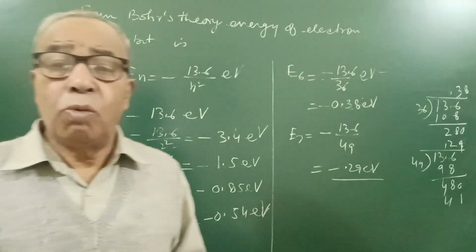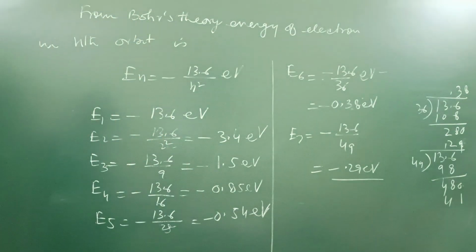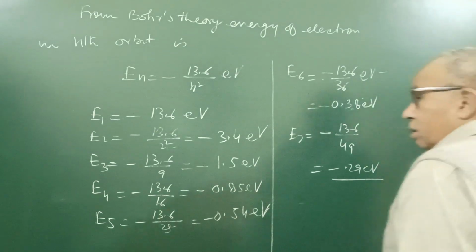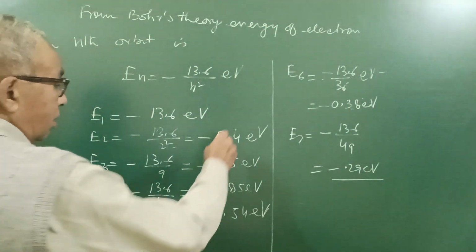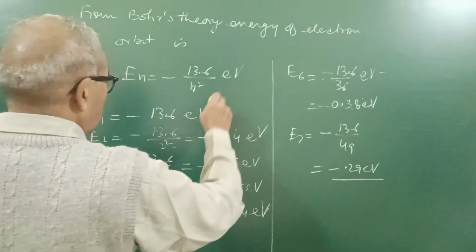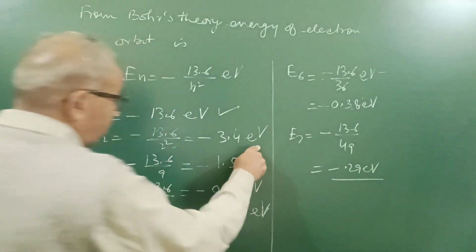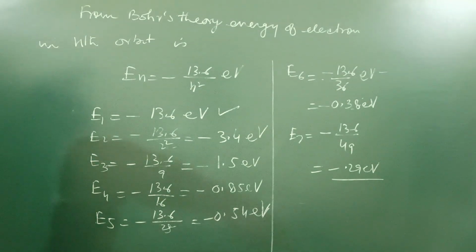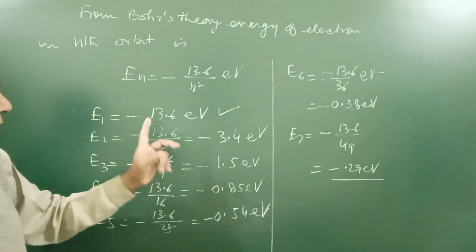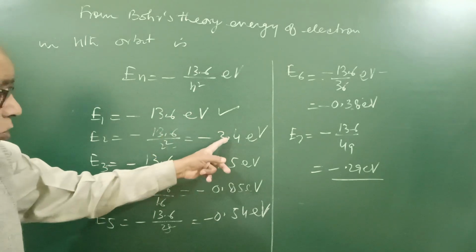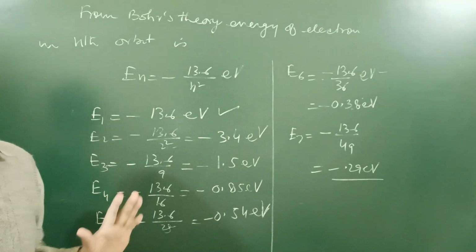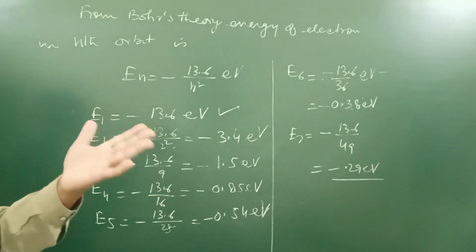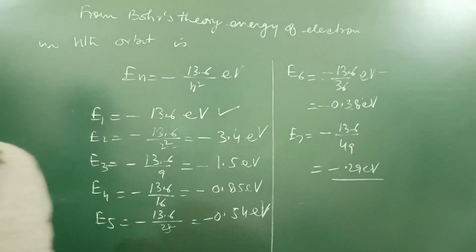So one thing I want to explain here. Energy of electron in H atom is either minus 13.6 electron volt, or minus 3.4, or minus 1.5. No electron will be in H atom which will have any energy between these values. Only some discrete energy values can be possessed by electron in H atom, and that is called quantization of energy.